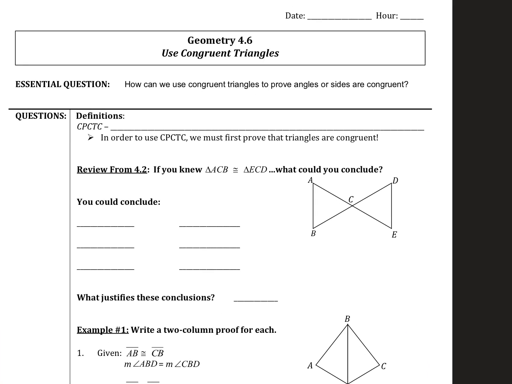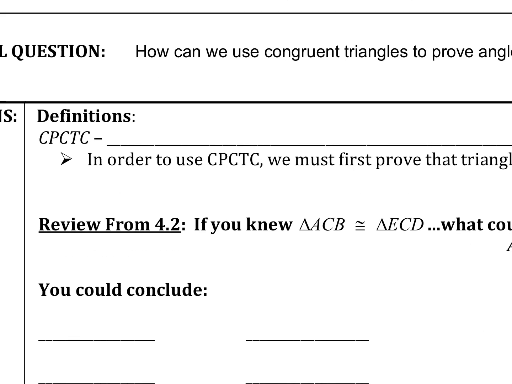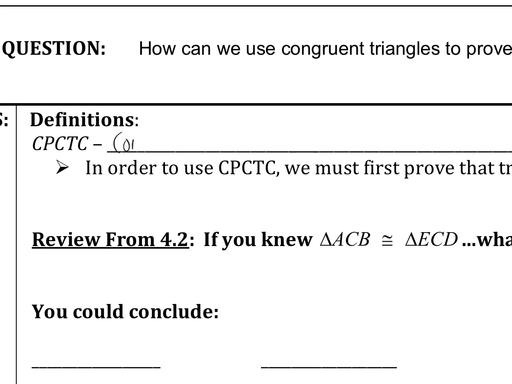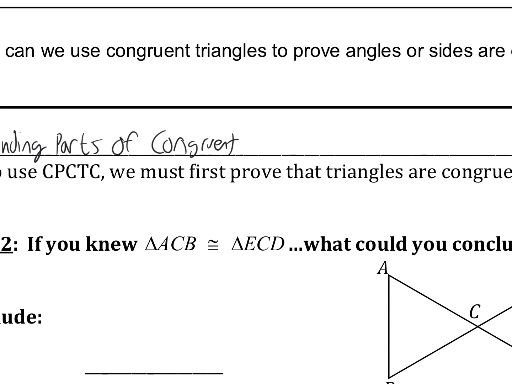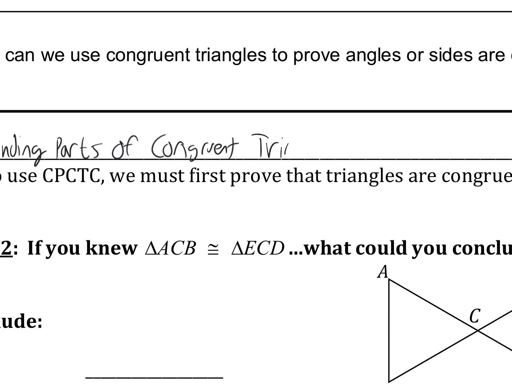So we have CPCTC. This is an acronym, and the acronym stands for corresponding parts of congruent triangles are congruent.